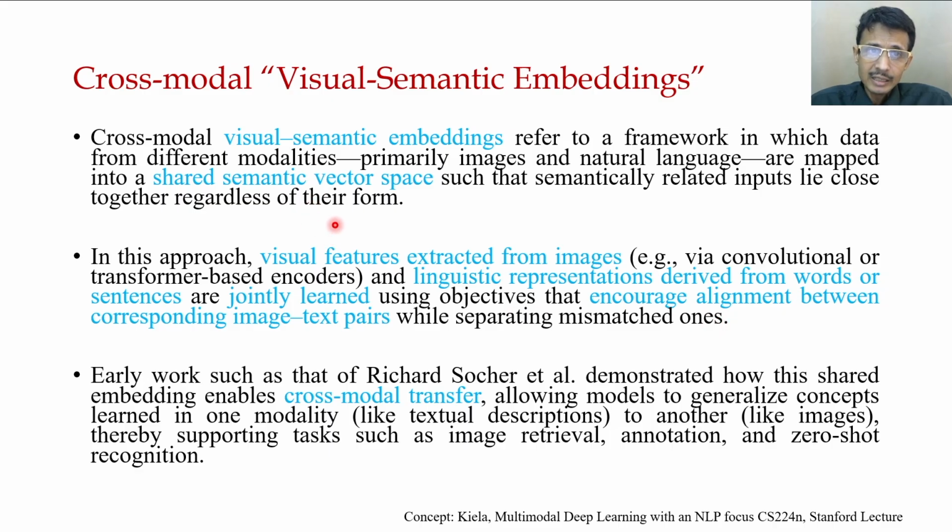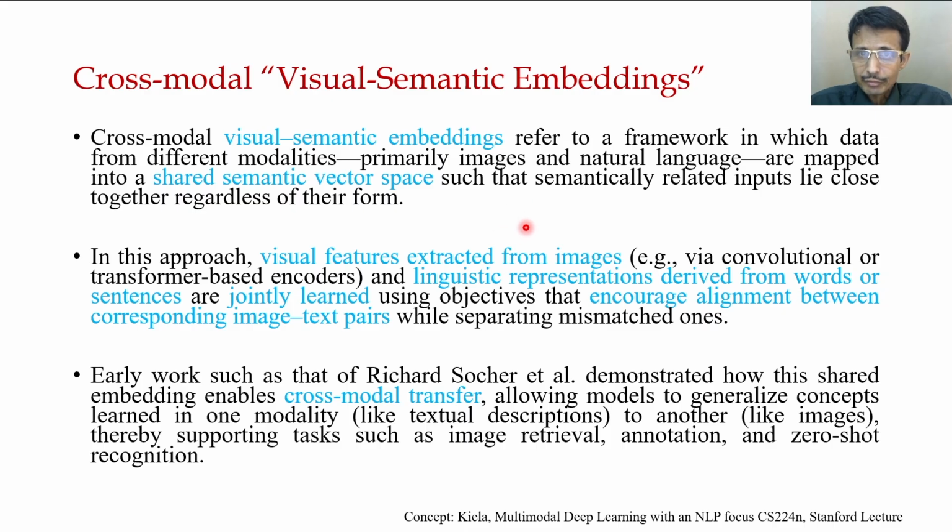Now, in this joint space or shared semantic vector space, the projections from different modalities, just as I said, a cat image and the sentence this is a cat, even if they are from different forms or modalities, lie closer.